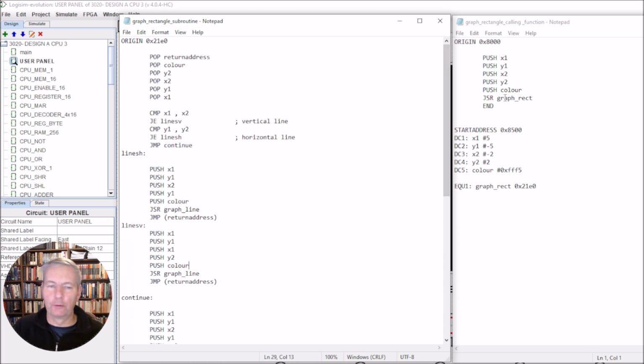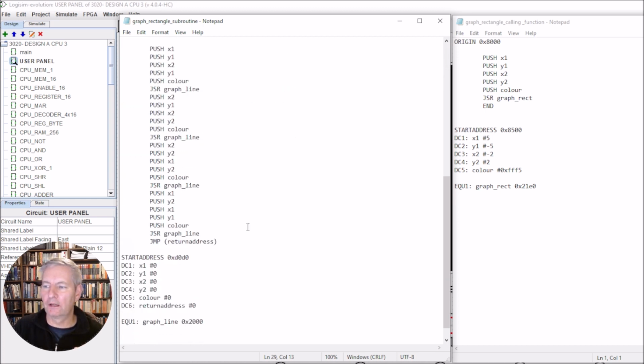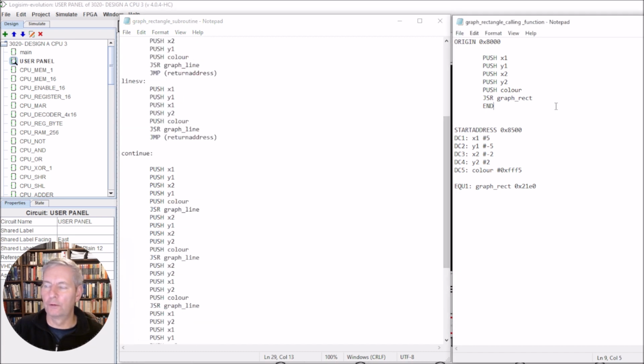Now at that point we're going to jump over to the subroutine. The subroutine is going to run through and it's going to hopefully draw out the 4 lines which will generate our rectangle. And when it's finished, it will simply return control back to the calling function.